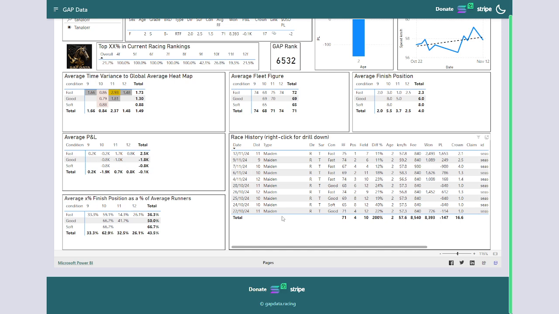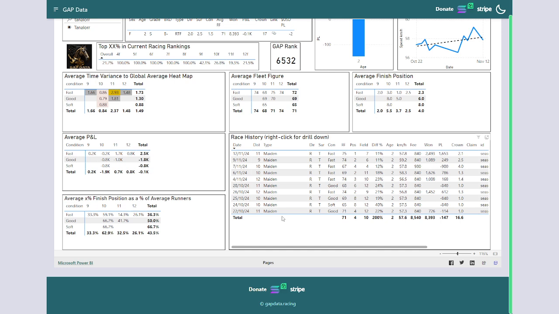Based on that race record, I'd say it's probably an average horse at best. All right, let's go back to the left side and look at that.